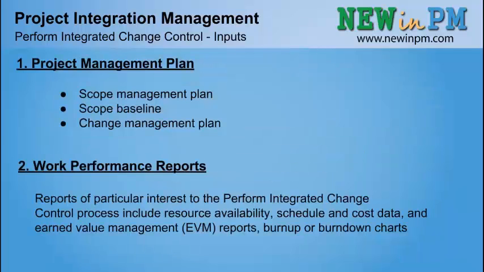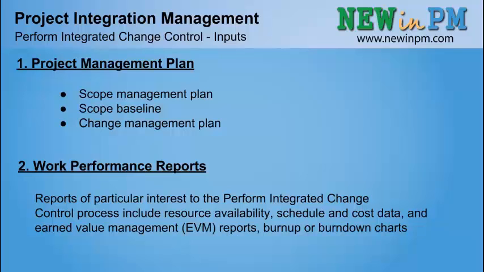So let's come to understanding the various inputs in the perform integrated change control process. The first one, project management plan. The first subheading under the project management plan is the scope management plan, which contains procedures for scope changes.